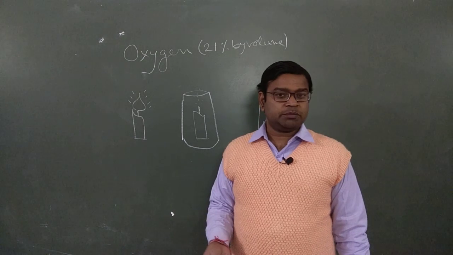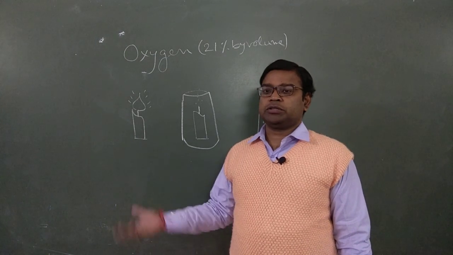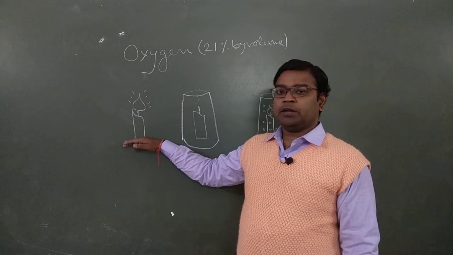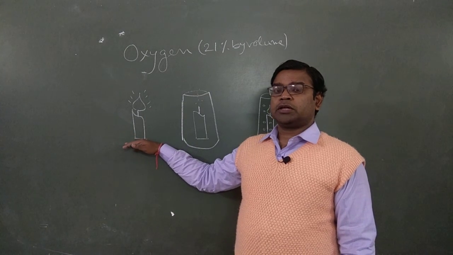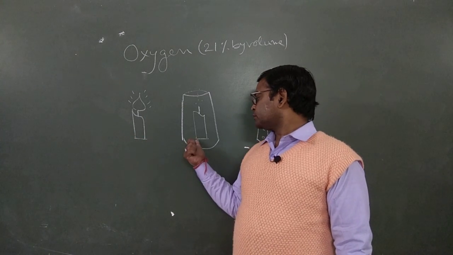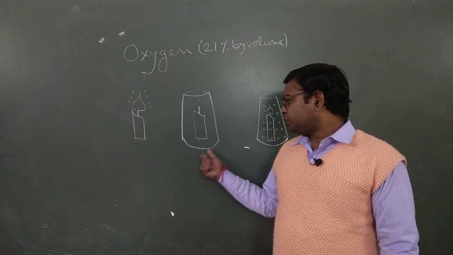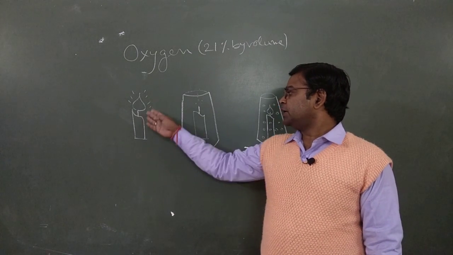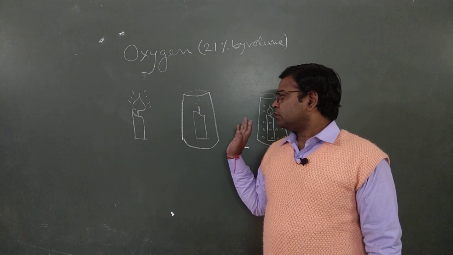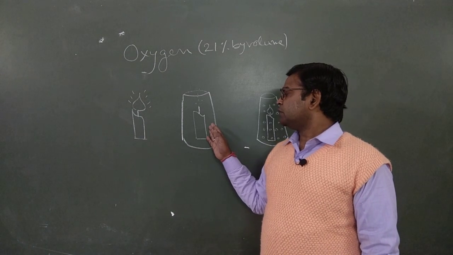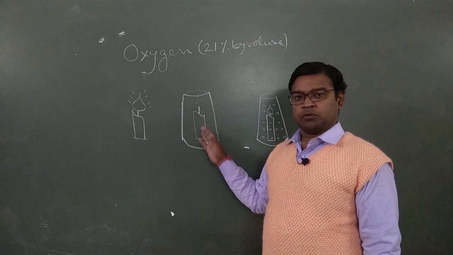Otherwise you can choose any glass and cover the candle properly, so that no air goes inside the glass. What you observe is that after some time the burning candle is extinguished, leaving some smoke.